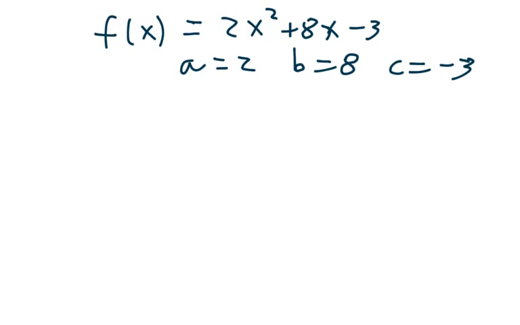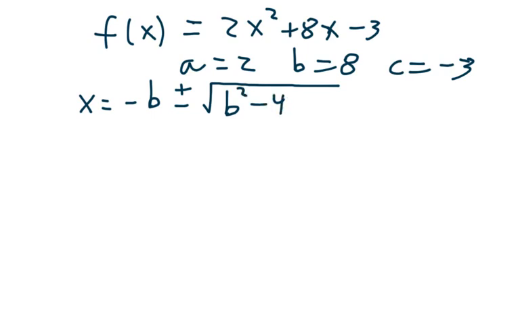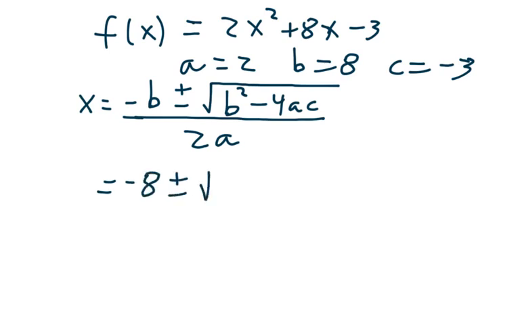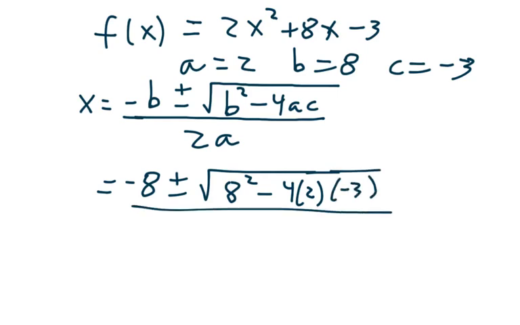What's our quadratic formula? That's negative b plus or minus square root of b squared minus 4ac, the whole thing over 2a. So we get negative 8 plus or minus square root of 8 squared minus 4 times 2 times negative 3, all divided by 2 times 2.